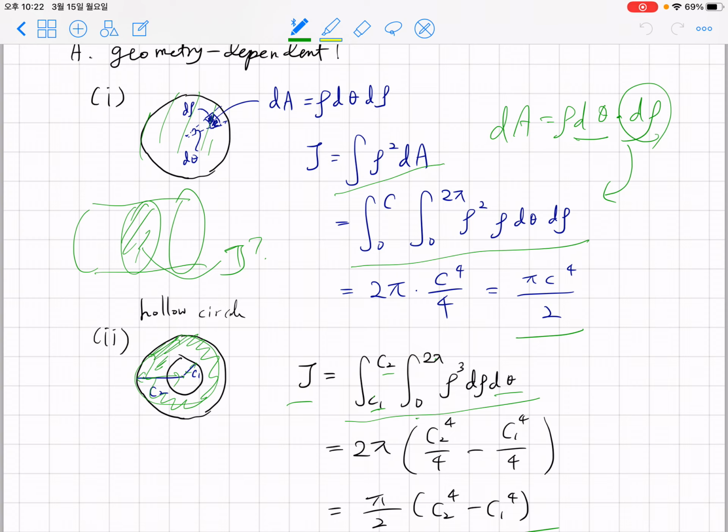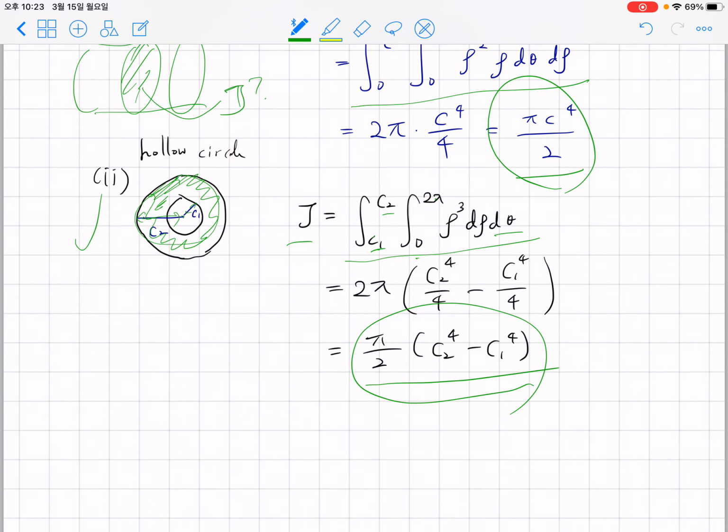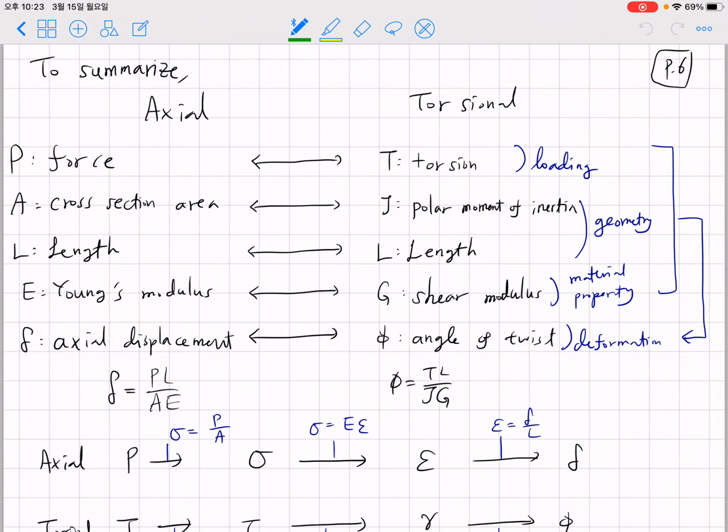For our lecture ME231, you only need to worry about circular shaft and hollow circular shaft, which is this and this, and that's it. You don't need to worry about obtaining a very complex J. This will be your answer in homework and midterm problems.